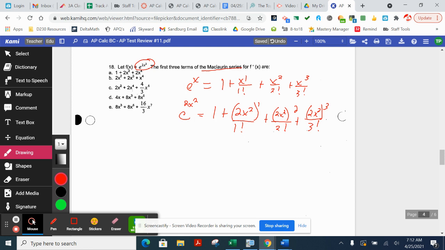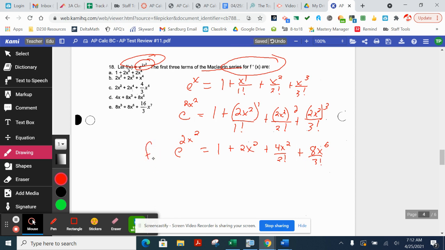Then, now that we have created this function, we want to take the derivative of that. Before doing so, probably a good idea to just simplify this a little bit. And then now take your derivative.